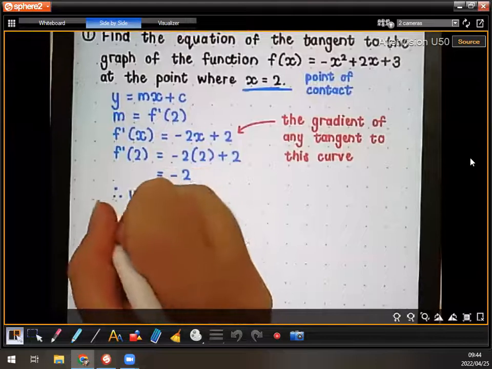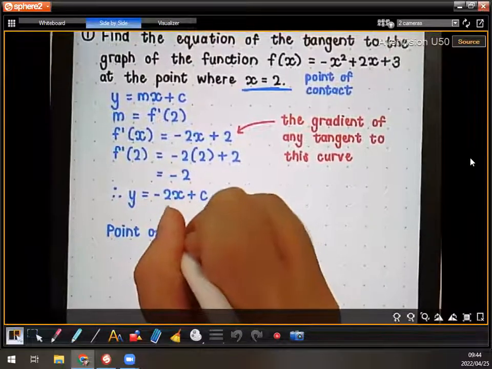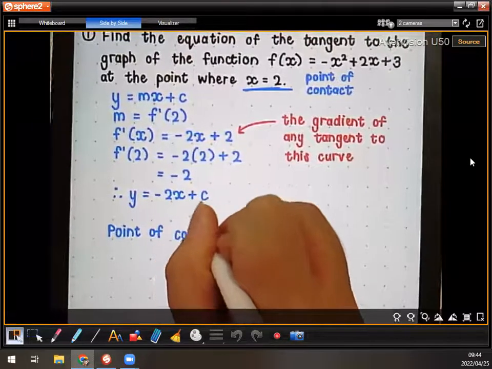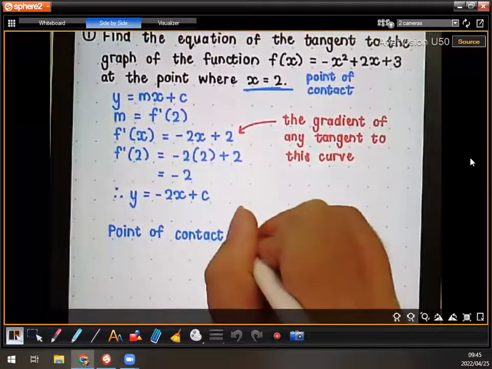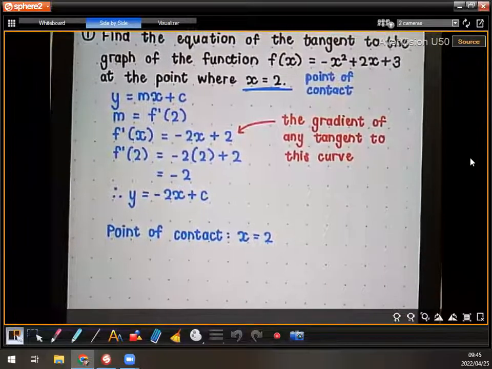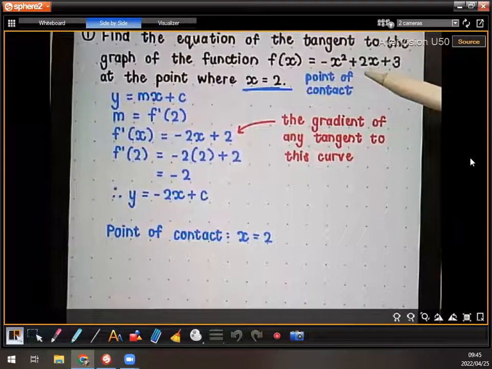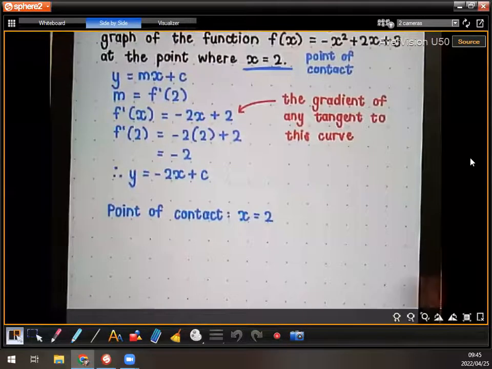And right here, point of contact. So the x value is 2. How am I going to find the y value? I'm going to sub it into the function, right? This point of contact not only lies on the tangent, but also on the parabola. It's the point on the parabola where that tangent actually touches. Okay, so the point of contact, x is equal to 2.